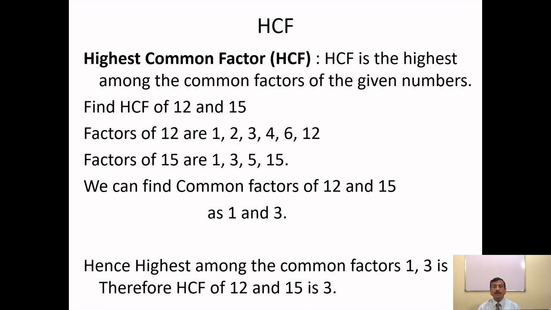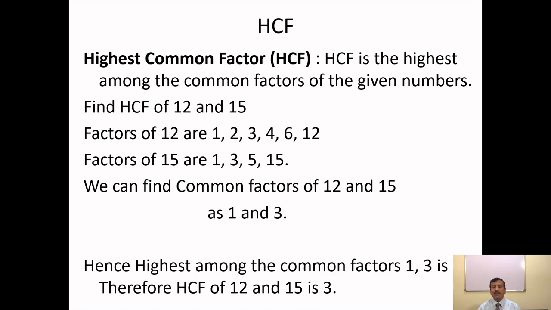Factors of 15: 15 is divisible by 1, 3, 5 and 15. If you look at the factors of 12 and 15, we can find out that 1 and 3 happen to be the common factors. Hence the highest among the common factors 1 and 3 is 3. Therefore, HCF of 12 and 15 is 3.